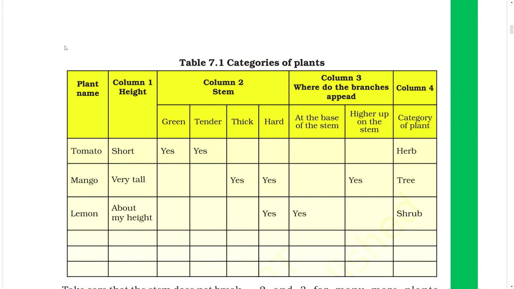Lemon: about my height, hard, yes, at the base of the stem, shrub.